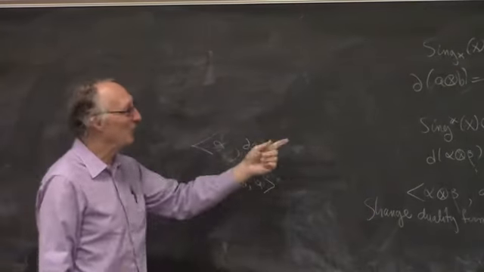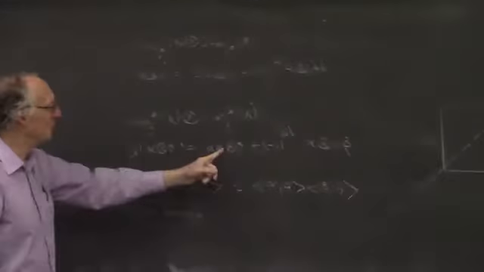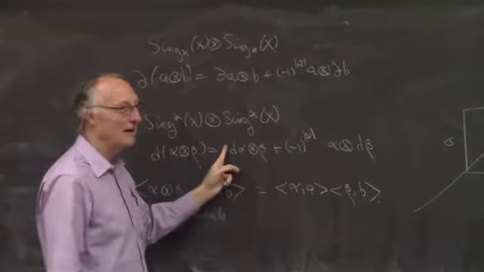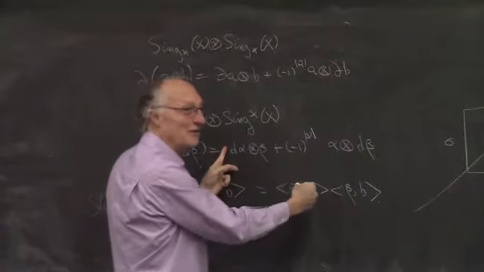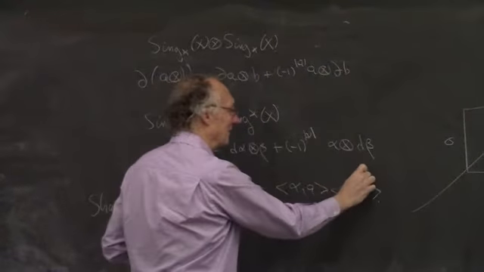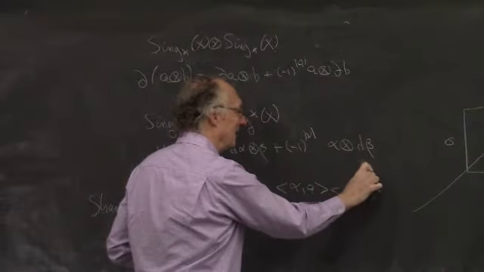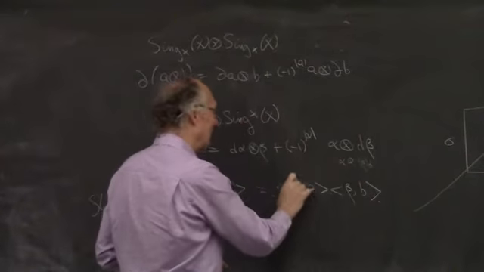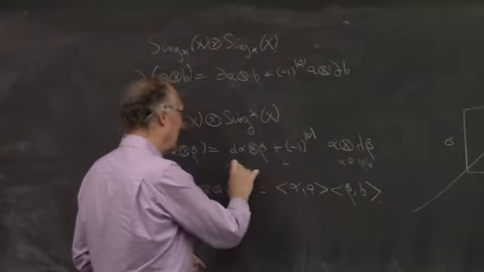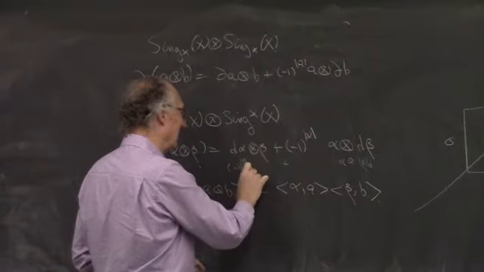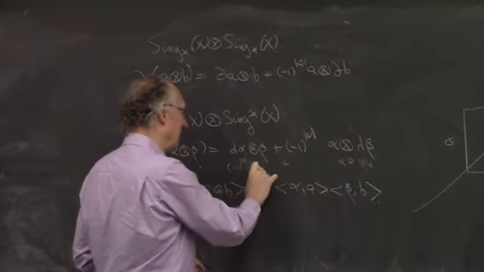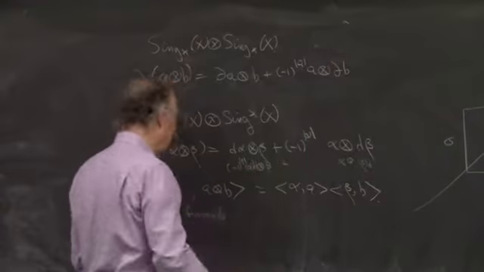And then our sign rule would change. The sign would occur here because the d is coming from the other side. So I'd write this as beta d tensor alpha plus, and here would be the sign, minus 1 to the beta. And then you get the causal sign.